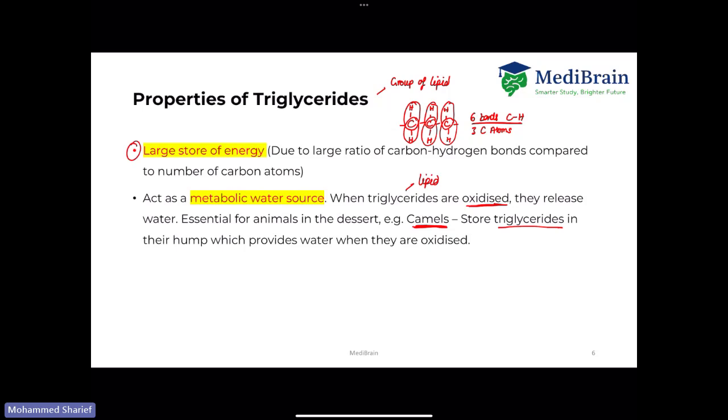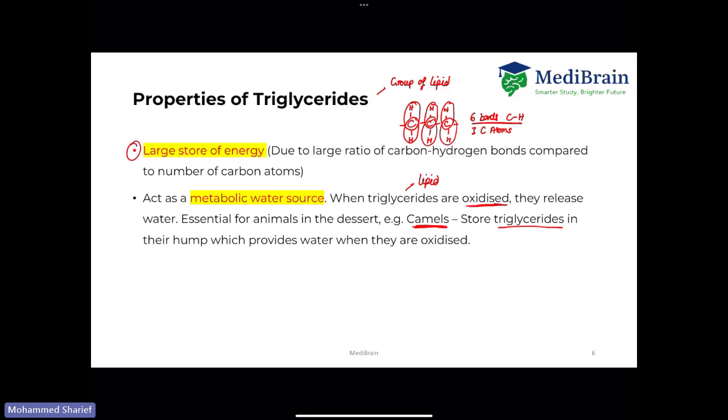So again, this is a bit in-depth and application based, but ultimately you need to know this highlighted point over here. They act as a metabolic water source. I've just explained what that actually means. When they are oxidized, they release water, and water is needed in daily life.